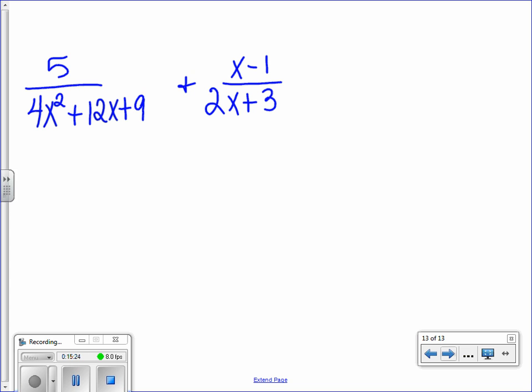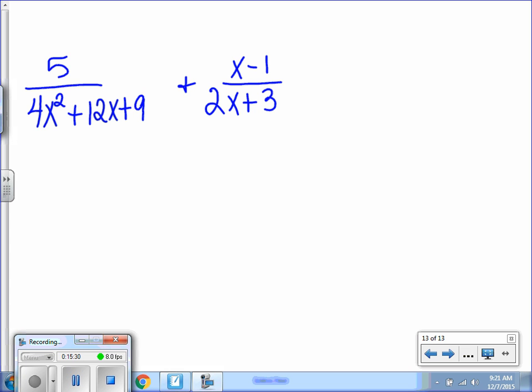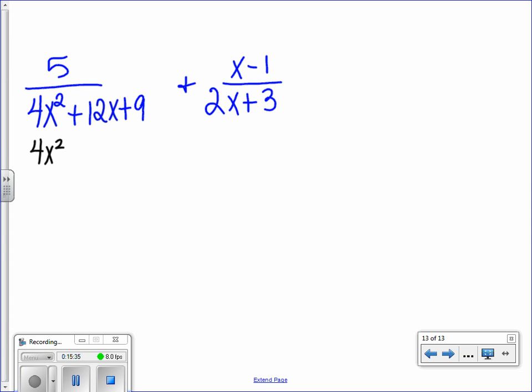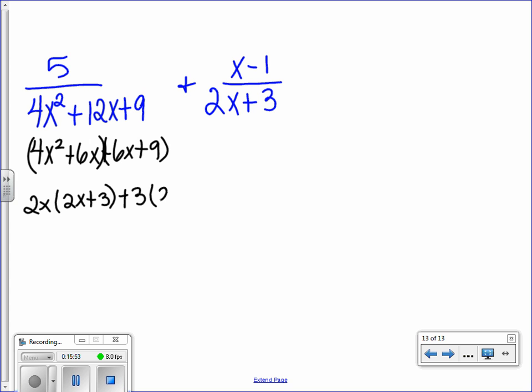That side, nothing to factor. You're going to have to factor this side. So, we said this needed to be 6 and 6. So I'm going to have 4x squared plus 6x plus 6x plus 9. What can come out of the front group? A 2x. And I'm left with 2x plus 3. How about the back group? A 3. And I'm left with 2x plus 3. So this is 2x plus 3 times 2x plus 3.